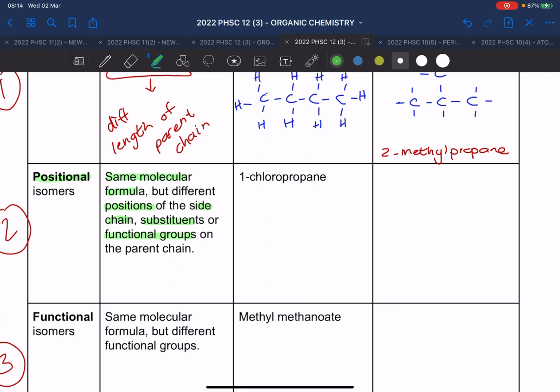The example that we have there is 1-chloropropane. Pro means 3: 1, 2, 3. 1-chloropropane, 3 carbons, and then on the first one there's a chloro.